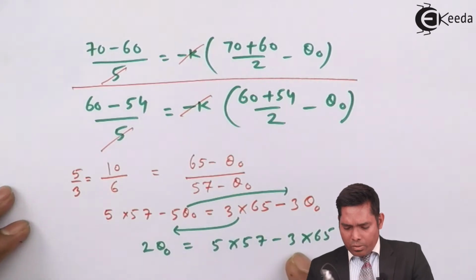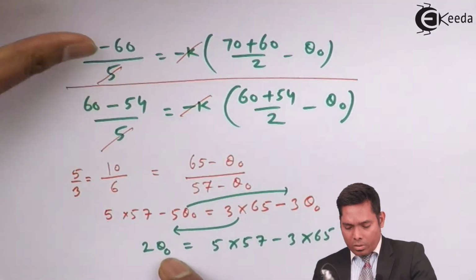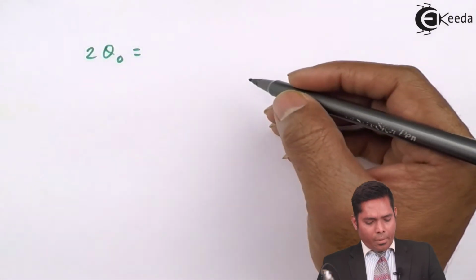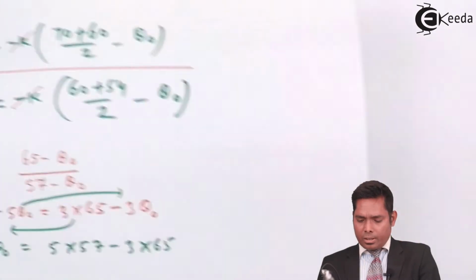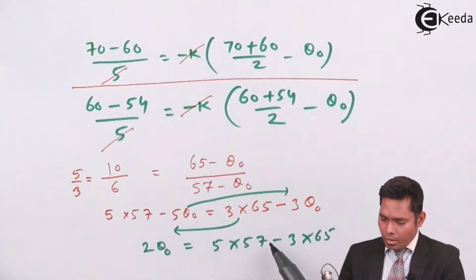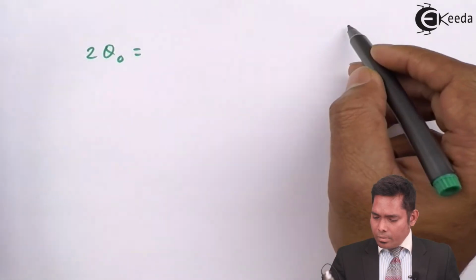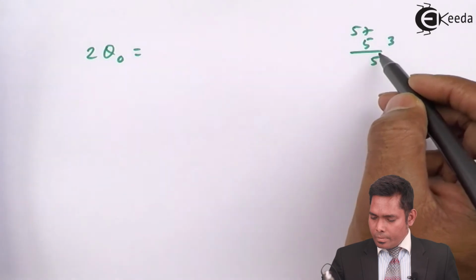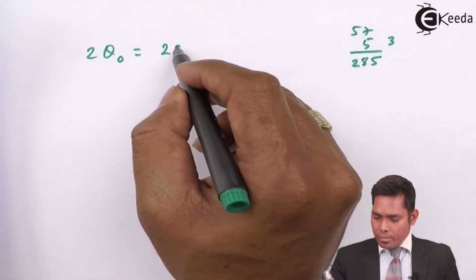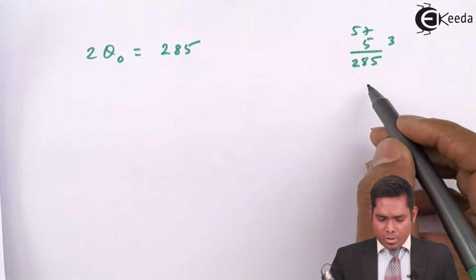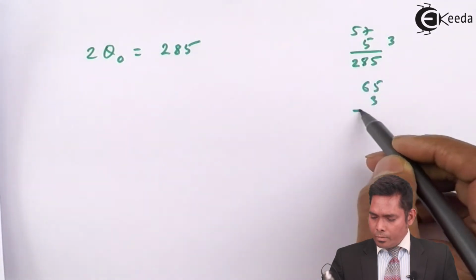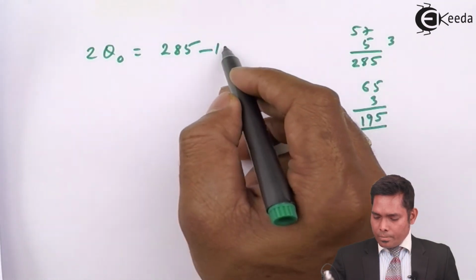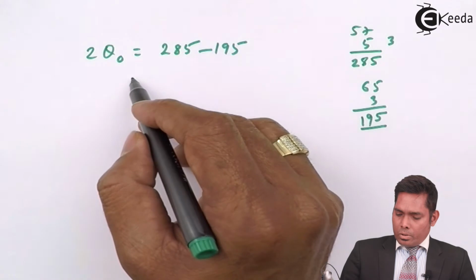If I solve these, I will get the value of theta naught. So 2 theta naught is 5 times 57, which is 285, and 3 times 65, which is 195.